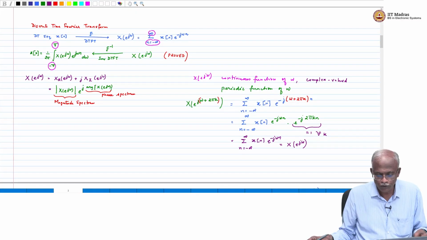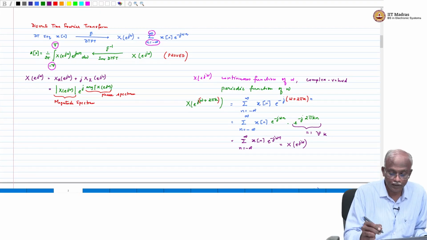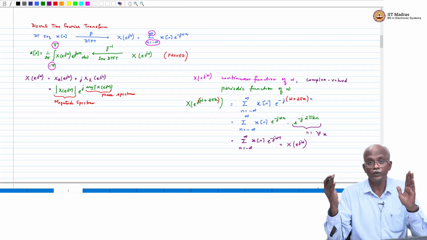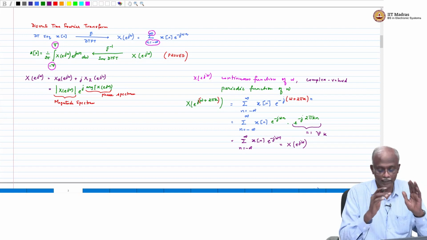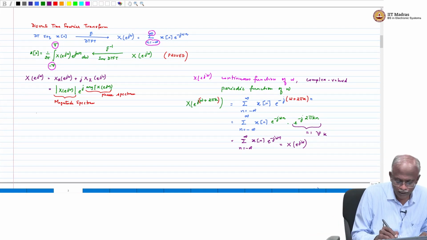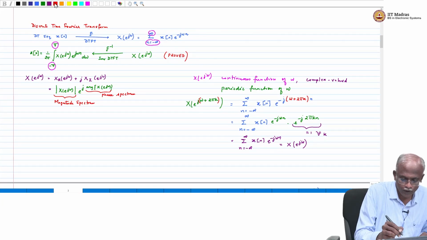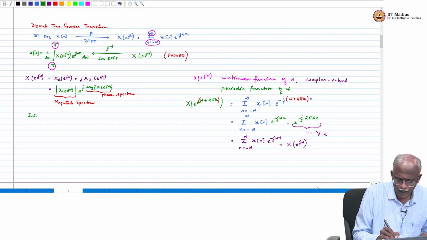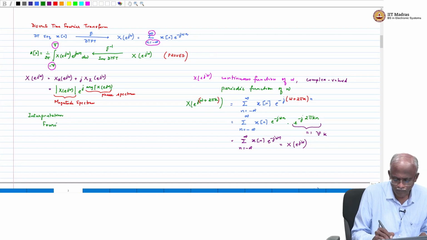Now, we also mentioned that this particular discrete time Fourier transform and its inverse has a very powerful interpretation. So, another interpretation that you will find helpful is given as follows. The interpretation is that of the Fourier series representation.